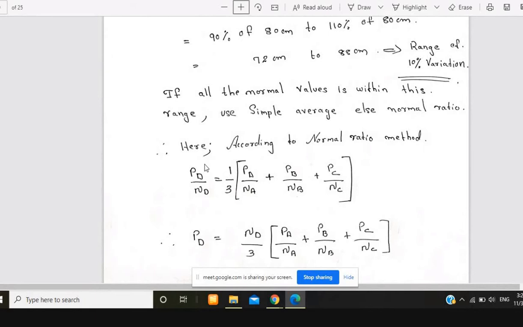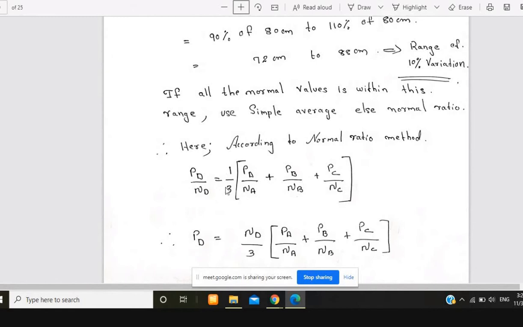We have 4 rain gauges, A, B, C and D, and the PD value is missing. So PD by ND equals the sum of the other remaining data: PA by NA plus PB by NB plus PC by NC. Since three rain gauges' data are present, we take 1 by 3. This sum divided by 3 will give the value of PD.